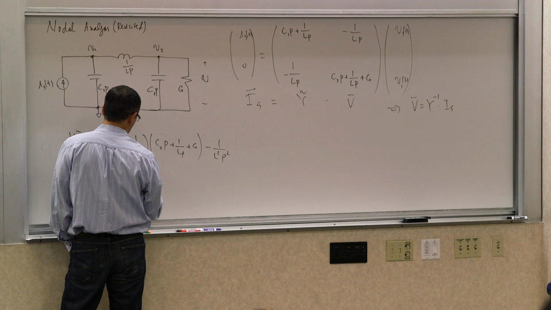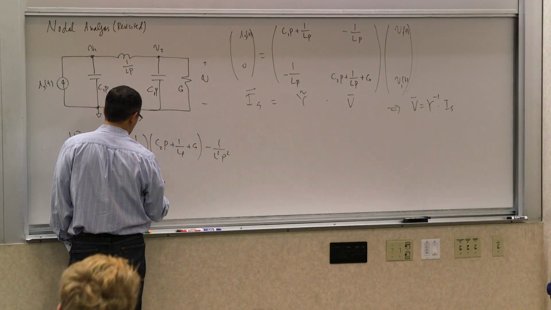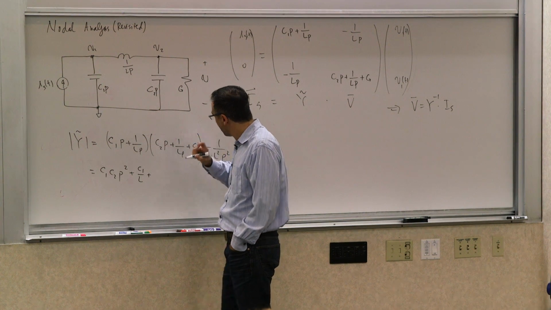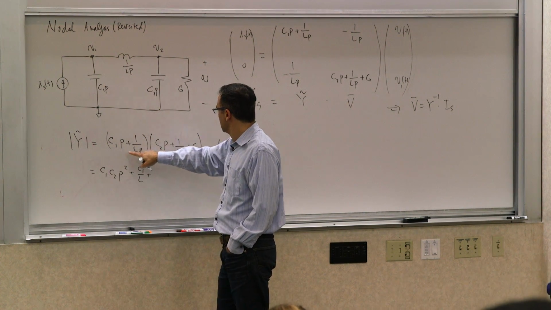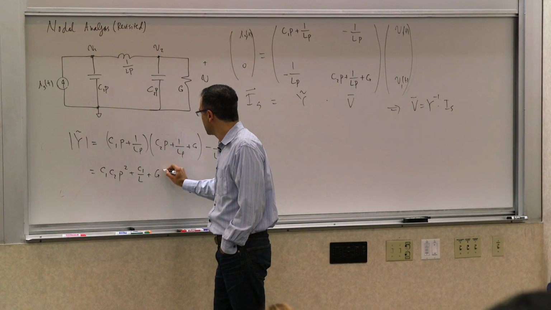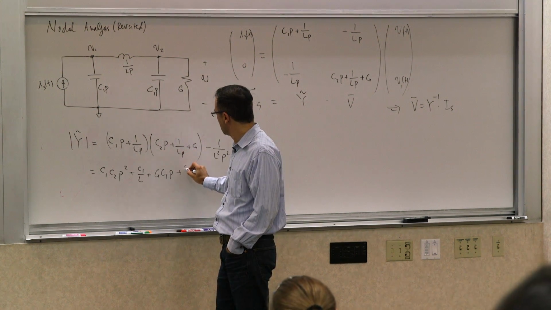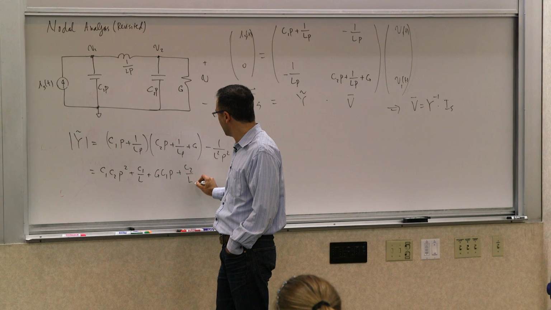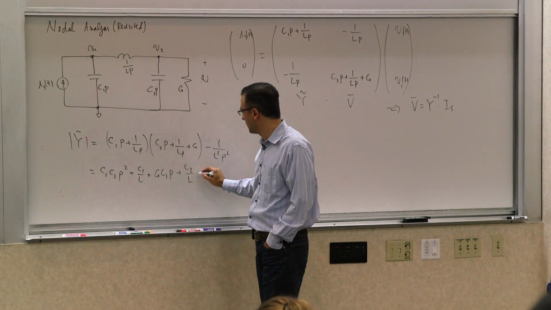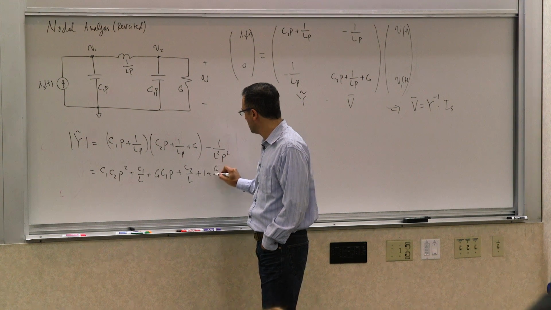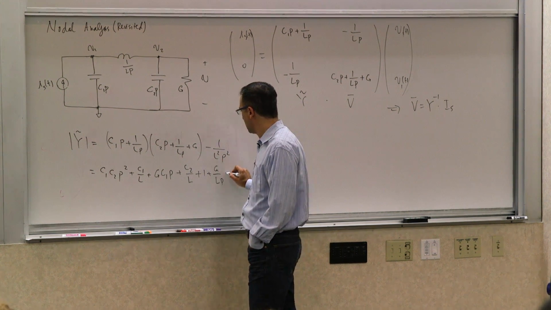Then this one gives you C1 over L plus C1G, C1P. This one gives you C2 over L. And this one gives you G over LP.